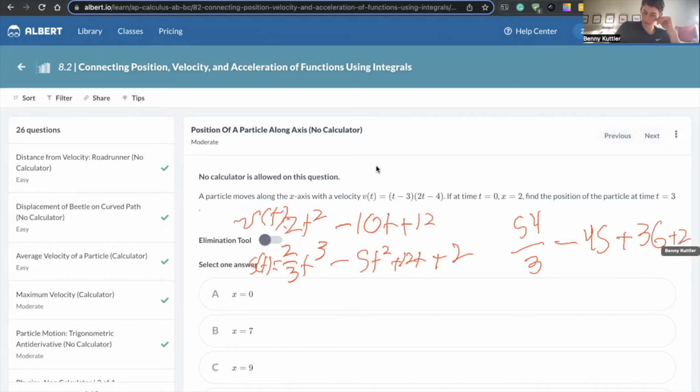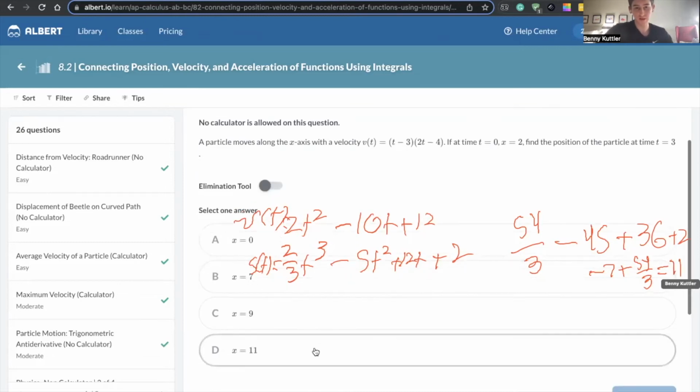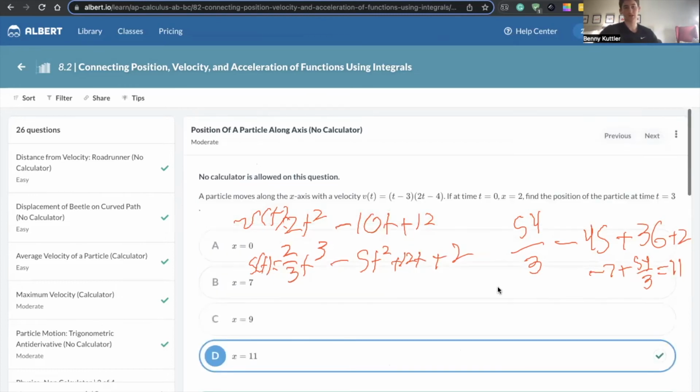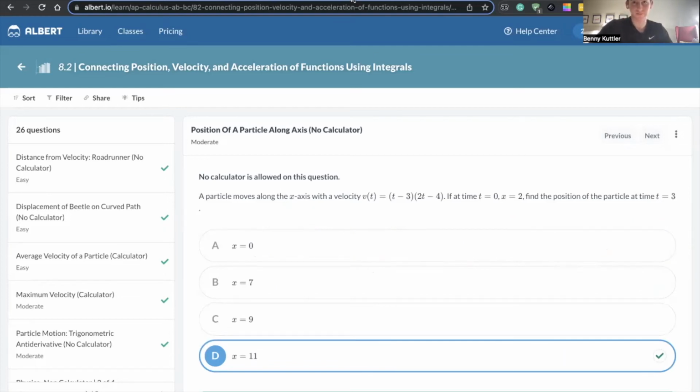So negative 9, negative 7, plus 54 over 3. Now I'm going to find out what 54 over 3 is. 18. I probably should know that. So 18 minus 7 equals 11. And in fact, that's our answer. So it's the same thing that we did in unit 4, it's just the opposite, and with an initial condition.